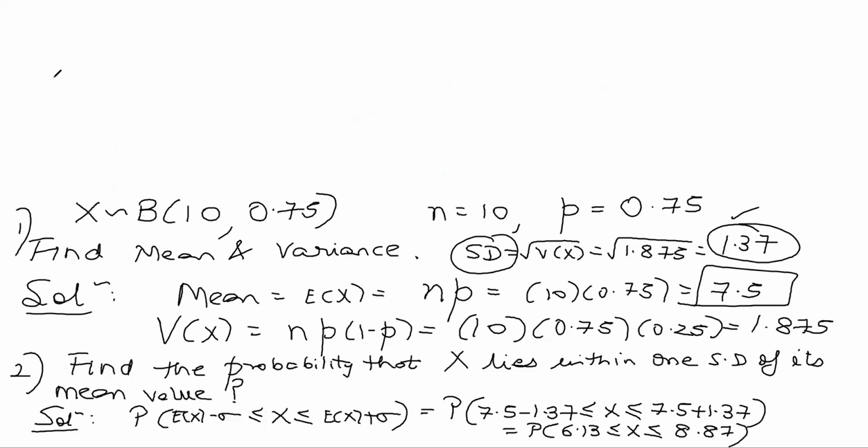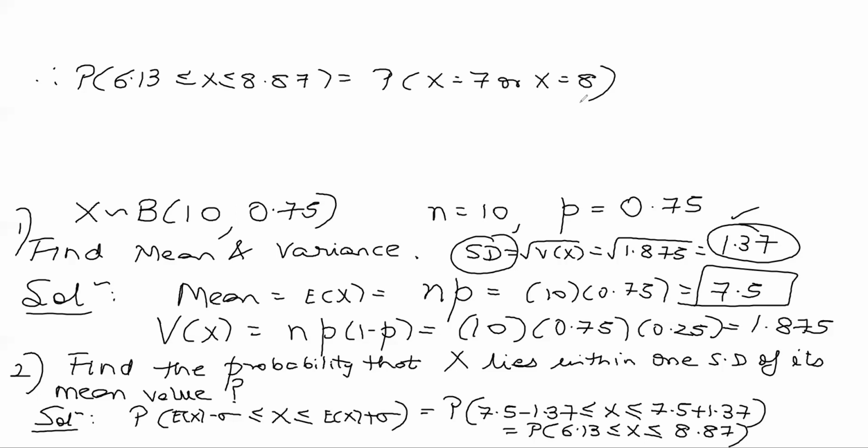That will be the probability of X equal to 7 or X equal to 8. Guys, X takes only integer values. You can't have transactions in decimals. So what are the integers between 6.13 and 8.87? 7 or 8.